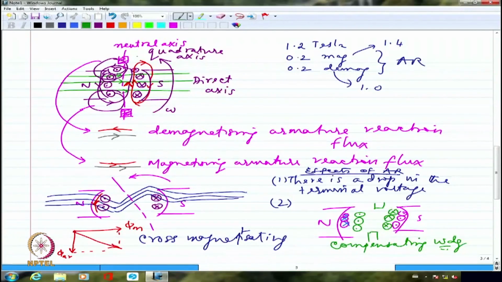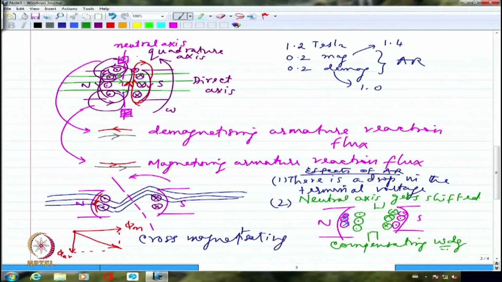So to come back to the effect of armature reaction, there is a reduction in the terminal voltage. That is the first point. The second one is that the neutral axis gets shifted, right?